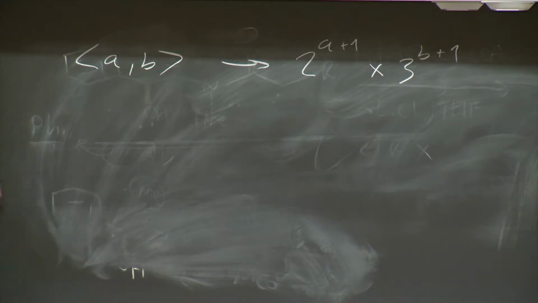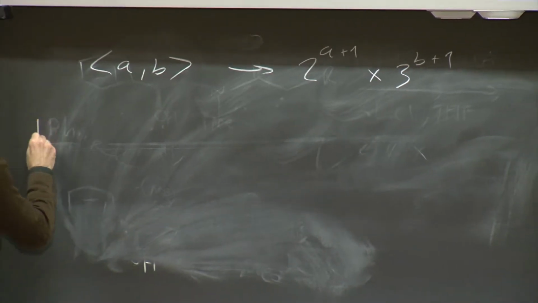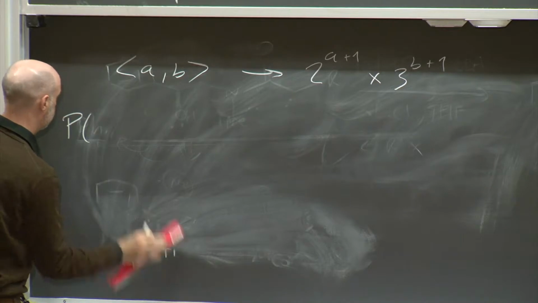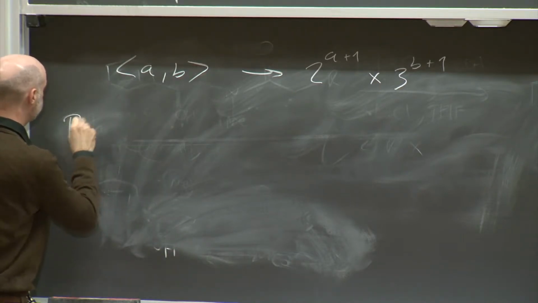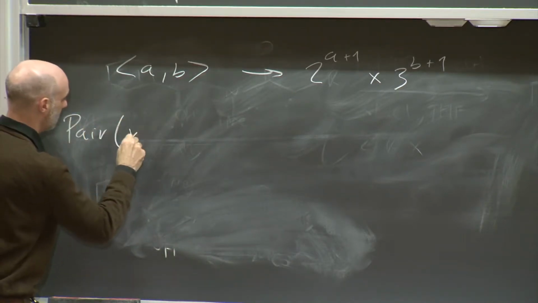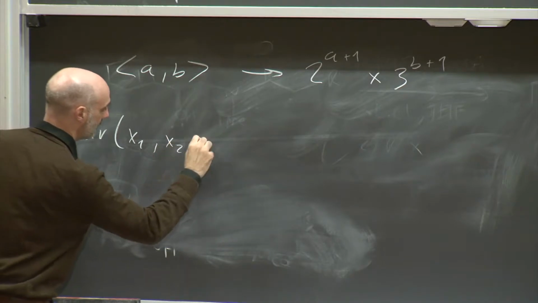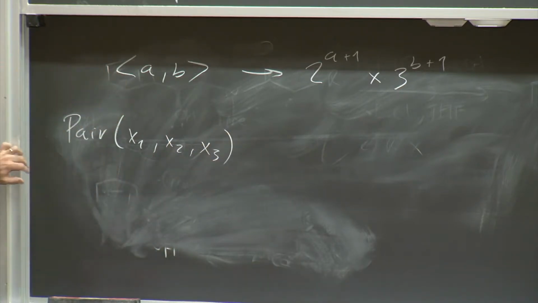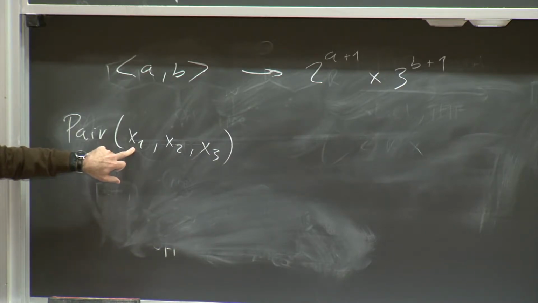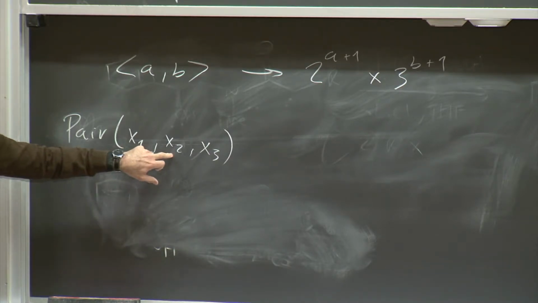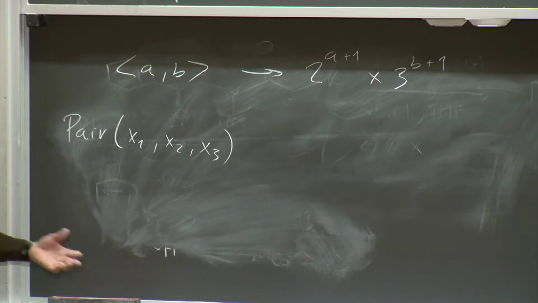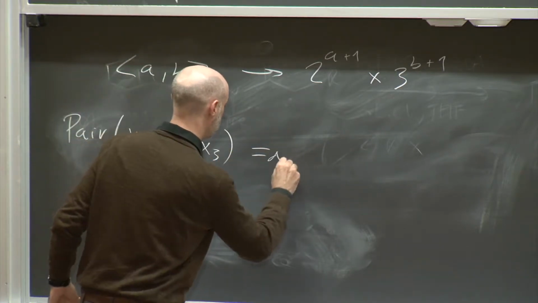And that means that we can define this predicate, pair, which is true just in case x1 is the pair of x2 and x3. In fact, this one is easy to do.